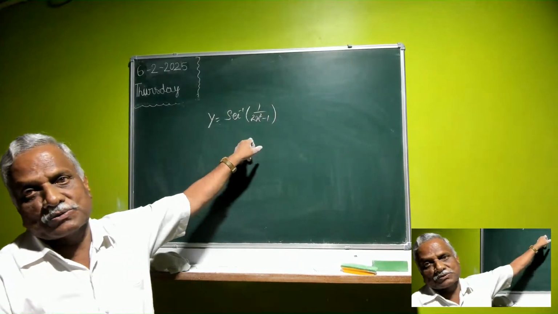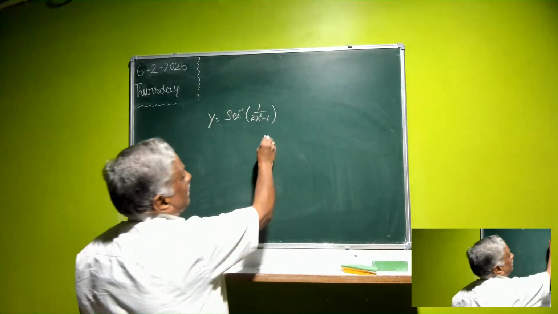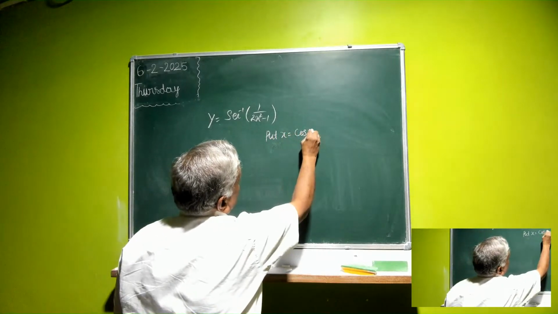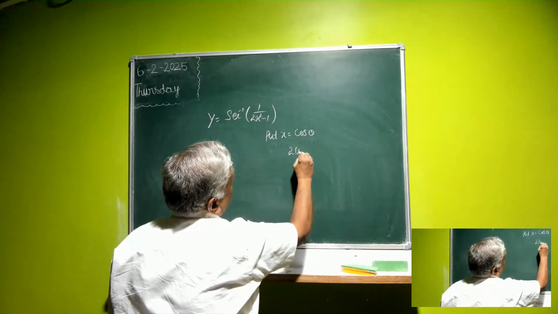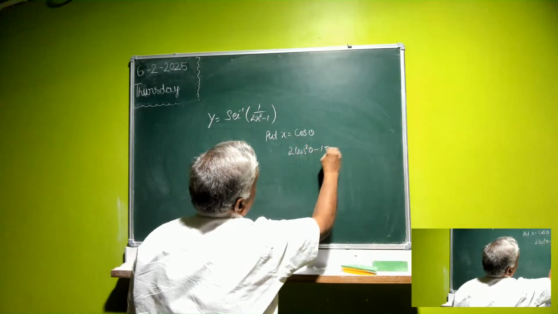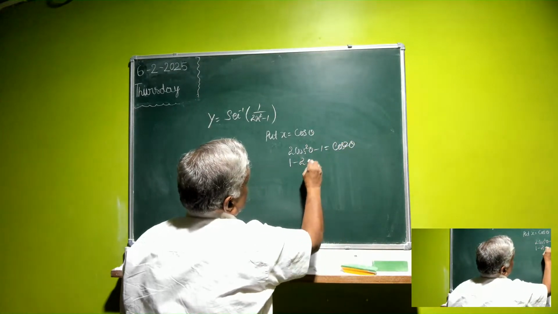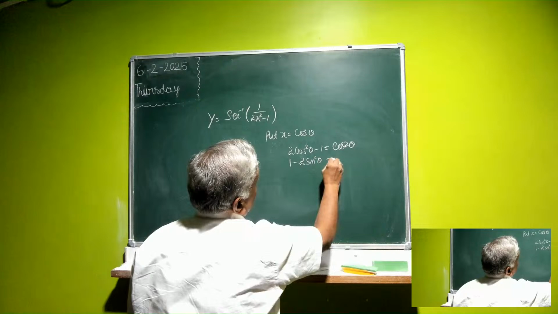Whenever 2x square minus 1 is there, you have to put x equals cos theta because that formula also you should remember. 2 cos square theta minus 1 is cos 2 theta. 1 minus 2 sin square theta is also cos 2 theta.